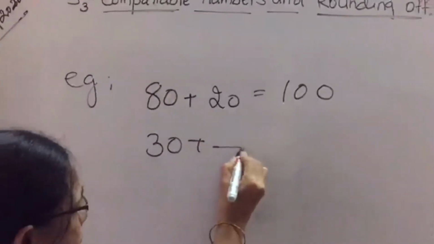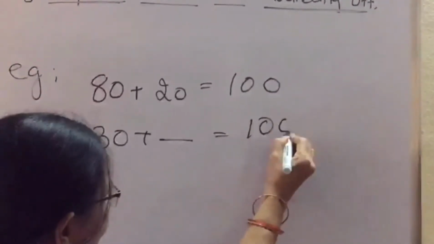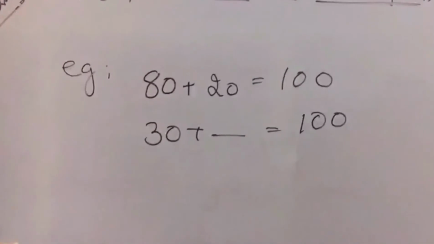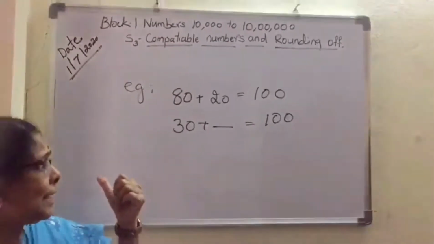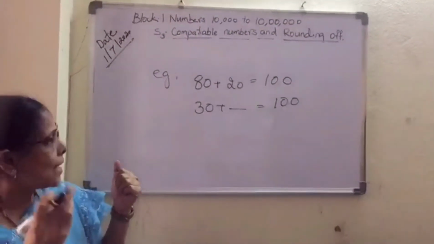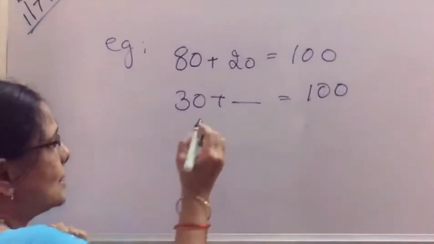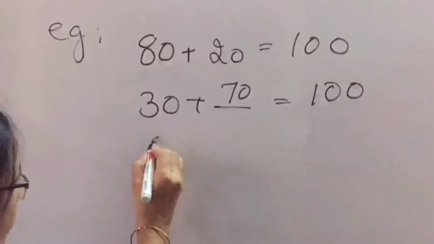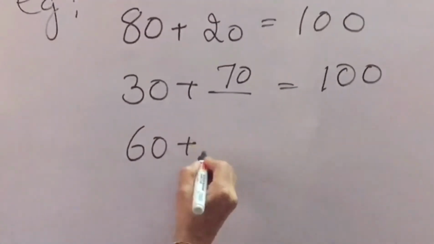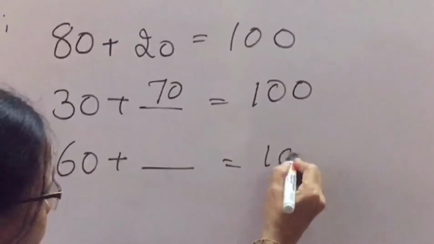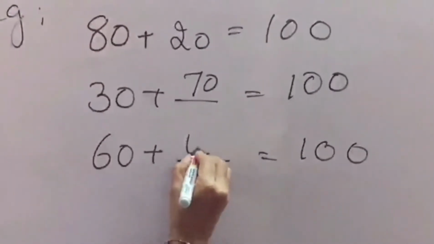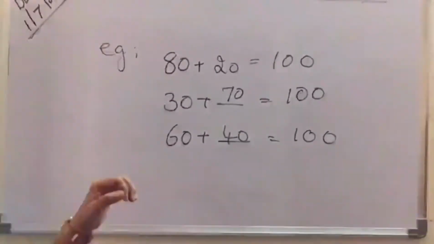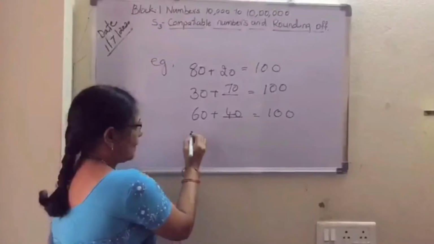So how many more do I need, children? 30, 40, 50, 60, 70, 80, 90, 100. That means 7 tens I need. Suppose if I have 60, how many tens? Children, 40.